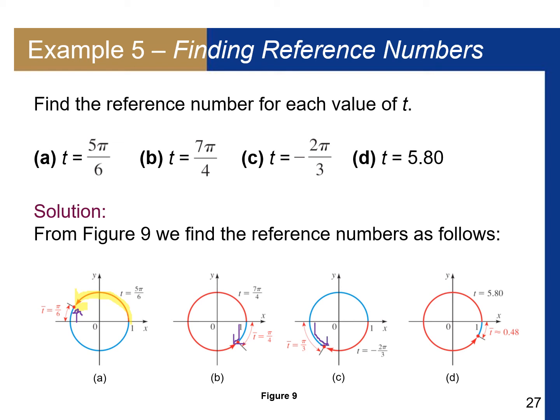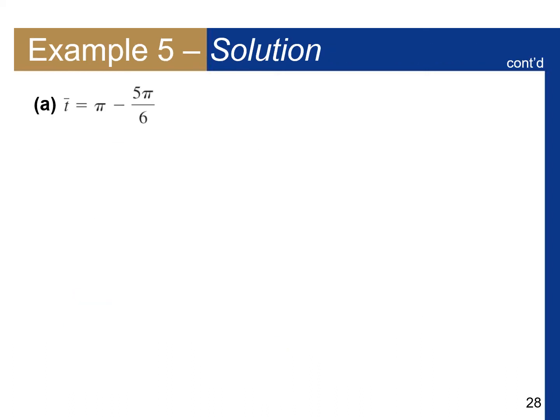And then finally, when I have 5.80, my shortest distance would be 0.48. So in order to find this, you could have t-bar equal pi minus 5 pi over 6, which would give us just pi over 6.